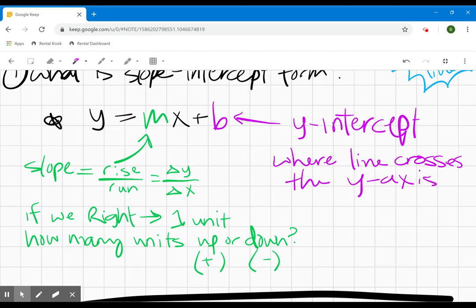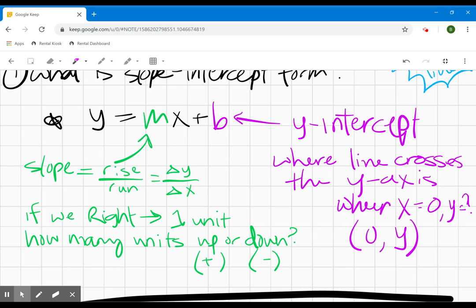You can also think of it as when x equals 0, what does y equal? If you want to think about it in coordinate points, it'd be the point x equals 0, and what does y equal when x equals 0?